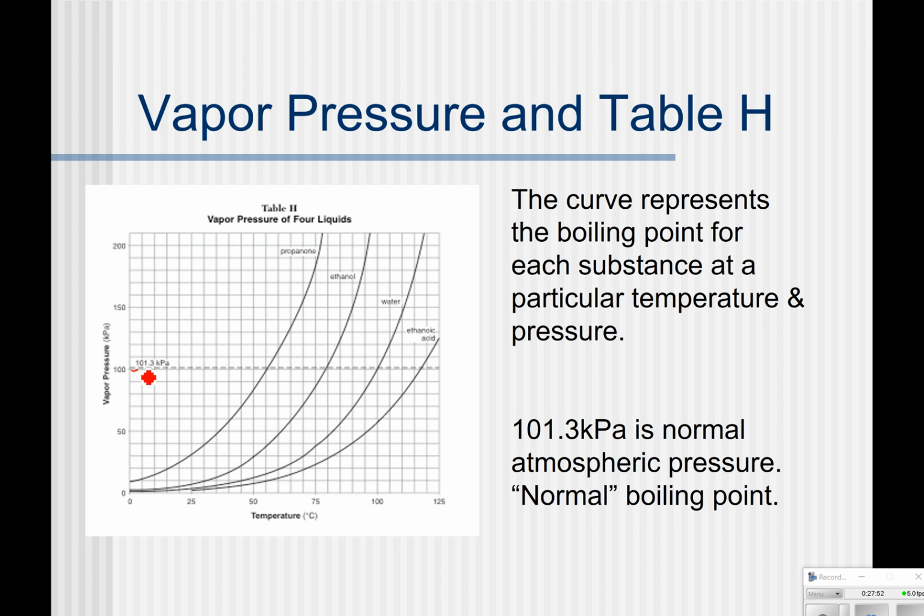This dotted line that runs across here is our normal boiling point, which is atmospheric pressure, standard pressure. So at standard pressure, when that curve crosses that standard pressure line, this is our boiling point. That's going to change depending on the pressure of the atmosphere, but the normal boiling point refers to where these curves cross that dotted line.